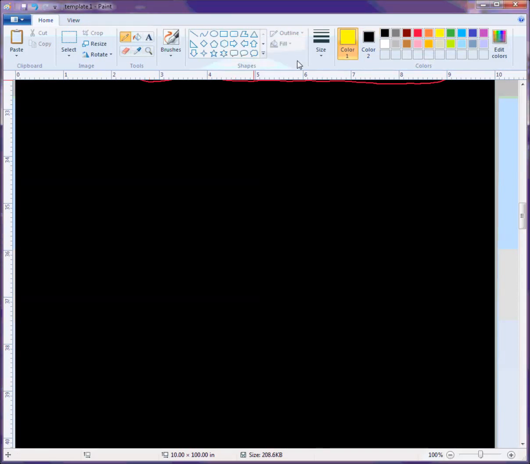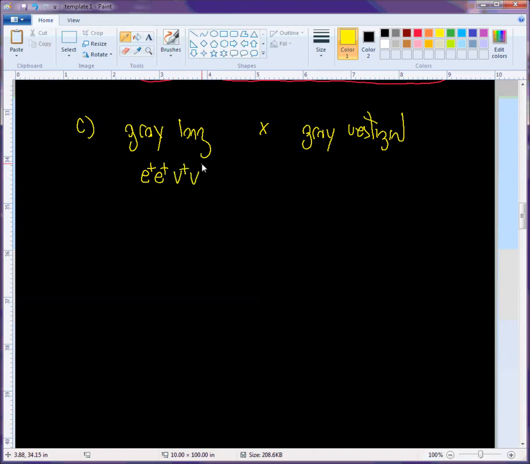So with part C here, we are looking at gray and long flies. These are homozygous, crossing to gray and vestigial flies. And they're homozygous, so that means we're going to put 2 E pluses over here, and long is going to be 2 V pluses.